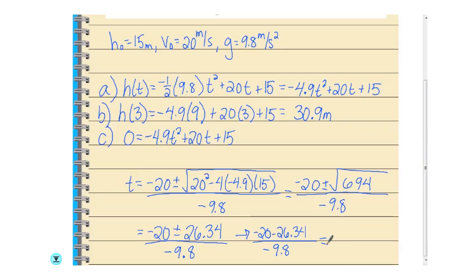Using our handy dandy calculators, we are going to find that that is equal to 4.73 seconds. So if you were to throw this object with these initial constraints, it would take approximately 4.73 seconds to land on the ground.